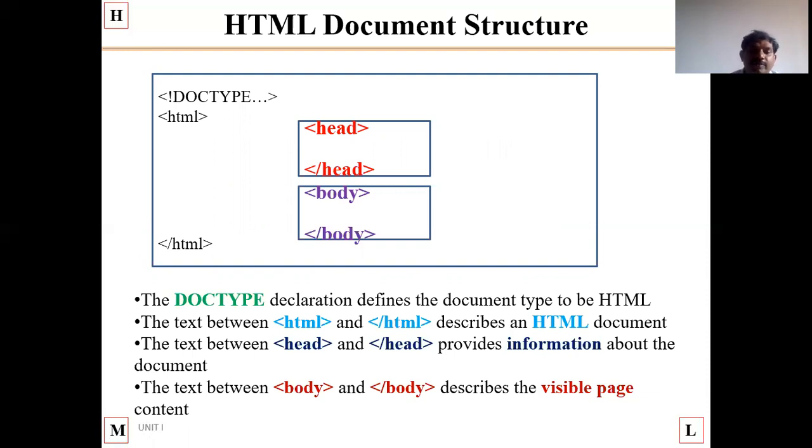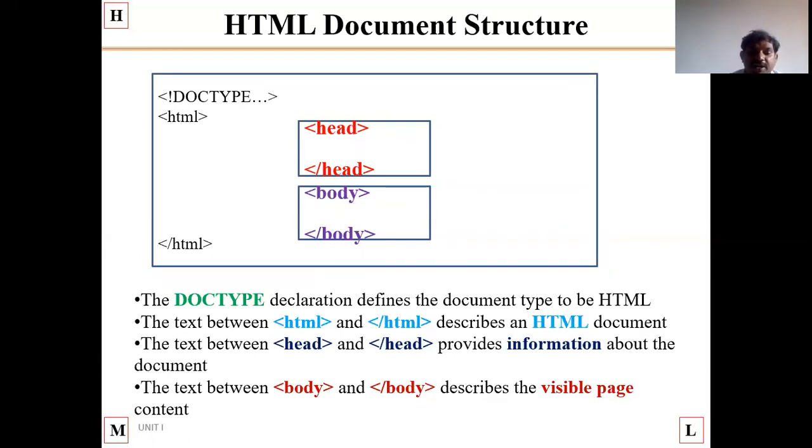First of all we write the less than symbol, exclamation mark, DOCTYPE, then the greater than symbol, and then take the HTML. This is the open tag. HTML is the open tag.